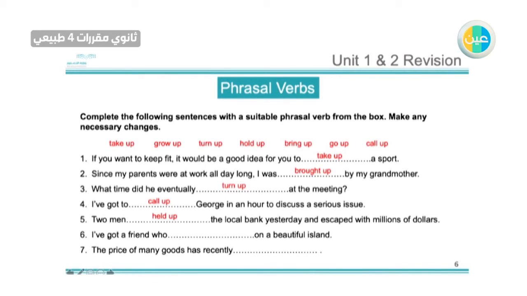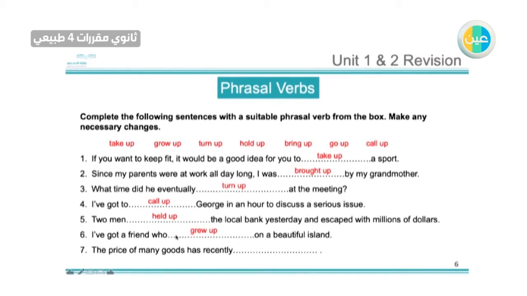Number 6. I've got a friend who blank on a beautiful island. So his friend lived on that island, which means that he grew up. Here we have grow up, but we use grew because it was in the past.